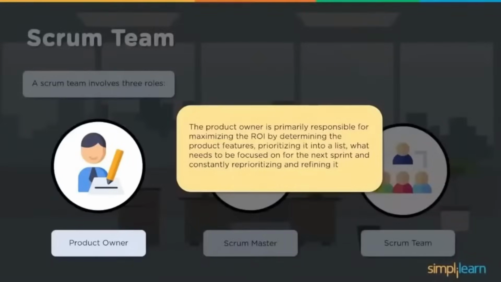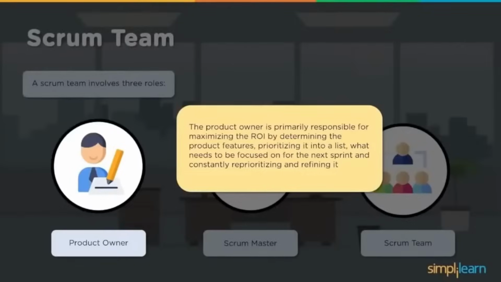Now when it comes to the product owner, the product owner is primarily responsible for maximizing the ROI by determining the product features, prioritizing them into a list, deciding what needs to be focused on for the next sprint, and constantly reprioritizing and refining it. So the key points are determining the product features, maximizing the ROI, and then reprioritizing and refining the product backlog.